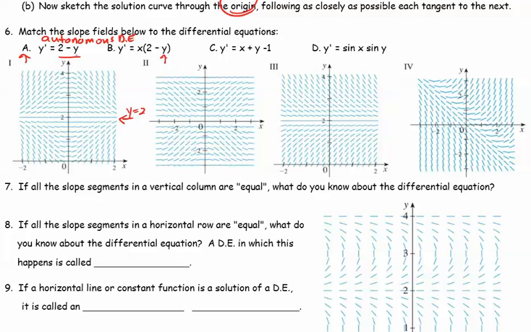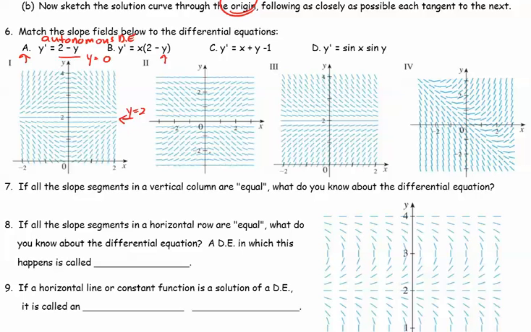What it tells you is that as you go across the rows horizontally, you would have all the same slopes. Think, for example, if you put y equals 0, then y prime would always equal 2. So as you go across the axis, do you have all of the same slope? Notice that that does not happen as we go across Roman numeral 1 graph.